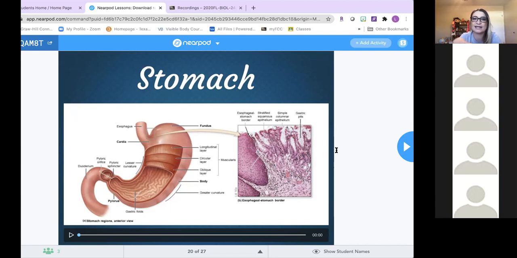And we don't see that in any other area of the digestive system. This different direction of muscle fibers is going to allow your stomach to contract in more directions, and it's going to make your stomach more efficient in that churning process. Okay, so adding this different direction of muscle just makes it a better contractor, I guess, or better churner of the food. So that's the anatomy of the stomach.